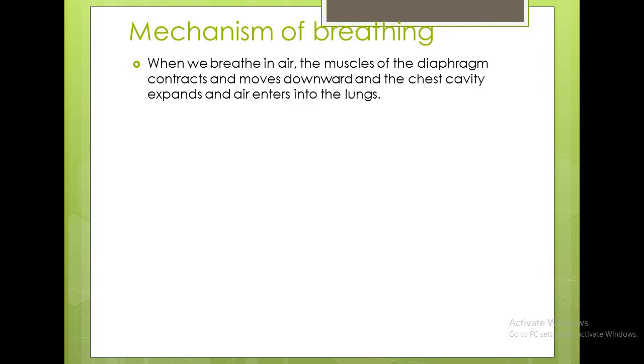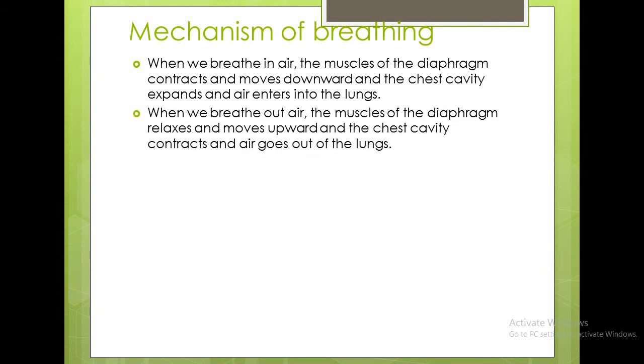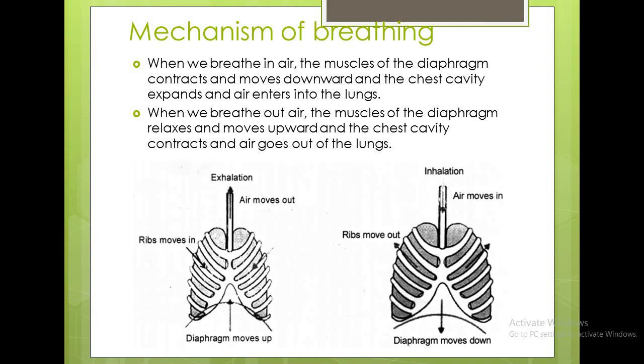The chest cavity, that means the rib cage, expands, and the air enters into the lungs. The second thing, when we breathe out, the muscles in the diaphragm relax. It comes back to its original position and moves upward, and the chest cavity contracts. So the chest cavity comes back to the normal position because the air goes out of the lungs. And this is how it happens.